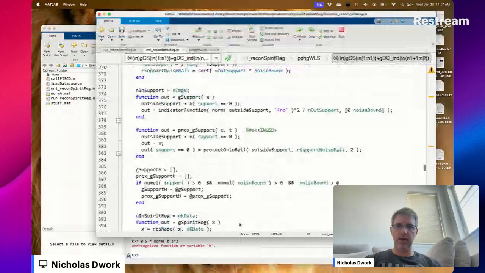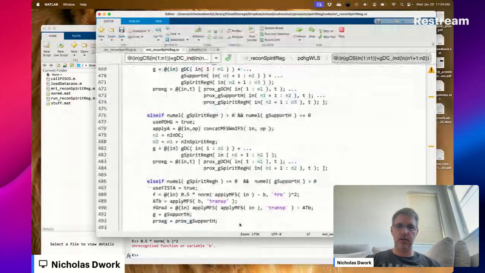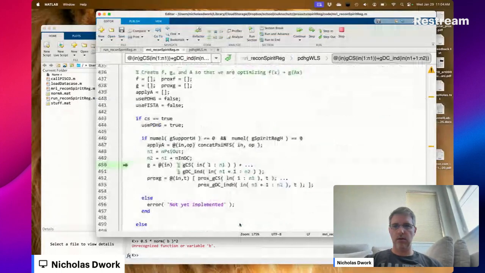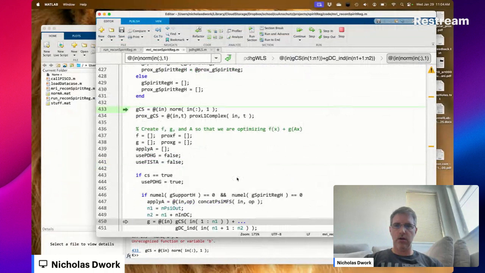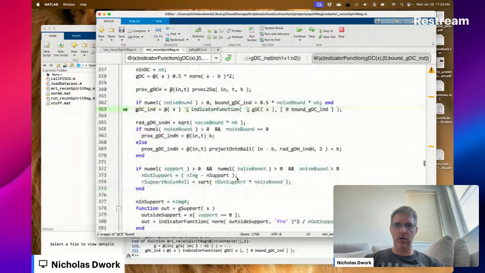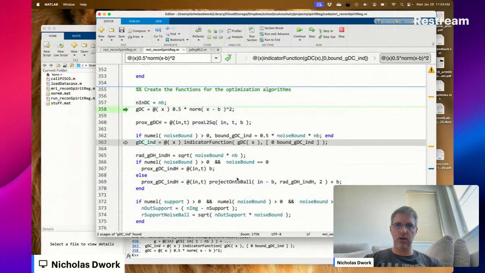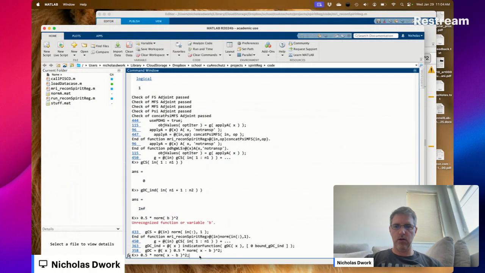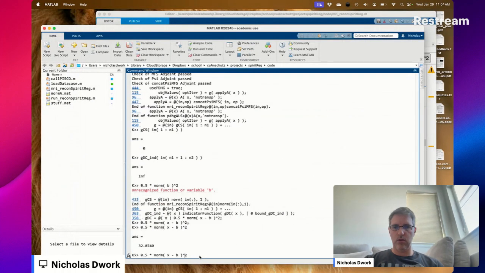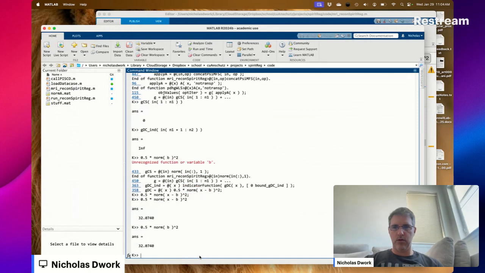Recognize function of variable b. Where am I? Which is 32.